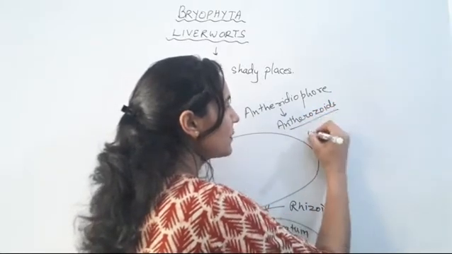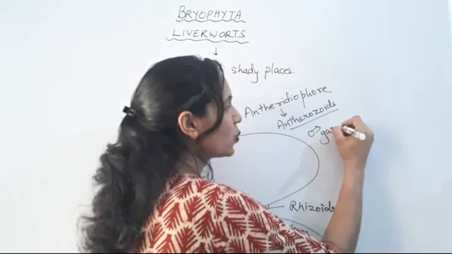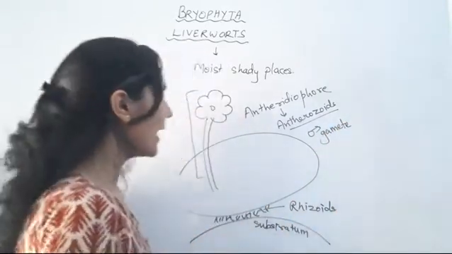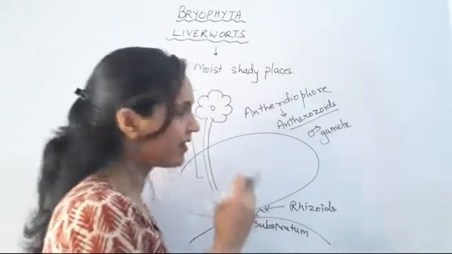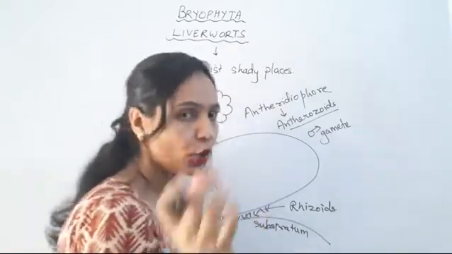Clear? Which resemble male gametes, and are taken to the female body through the water current, and they are flagellated and move to the archegonium.